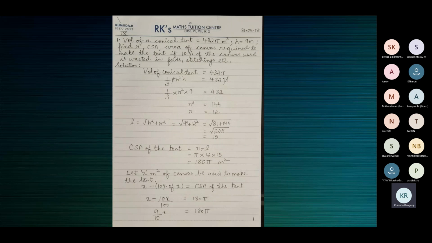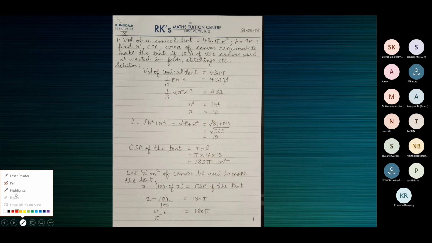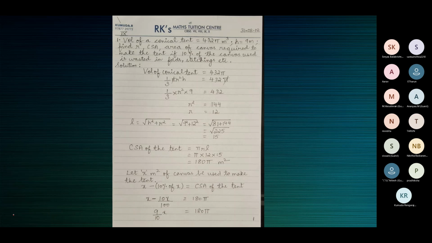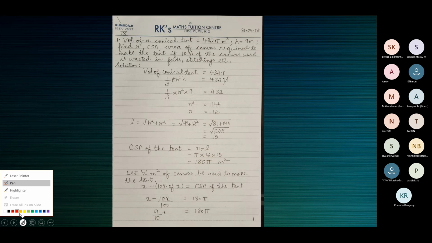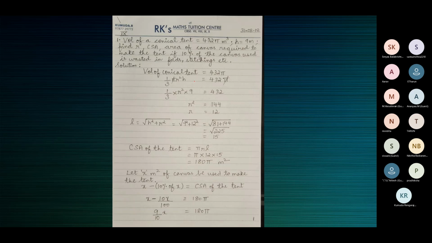So for the first one, children, you can see the answer. Volume of the tent is given. That means 1 by 3 pi r square h is equal to 432 pi.